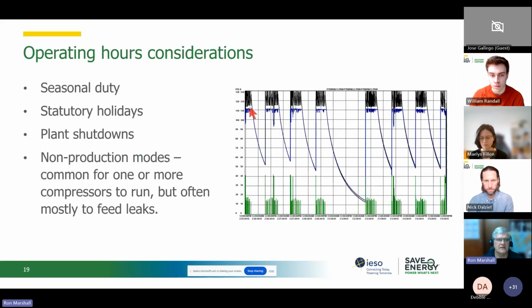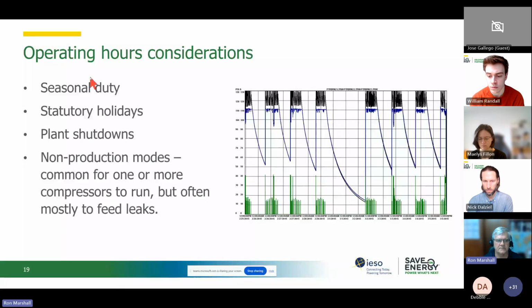All right, so operating hours considerations. In a system, the compressed air system is not necessarily running 100% of the time, right? And we can see here in this time-based chart, they turn off the system at night and on weekends, right? So the compressed air system is only operating a fraction of the 8760 hours per year.